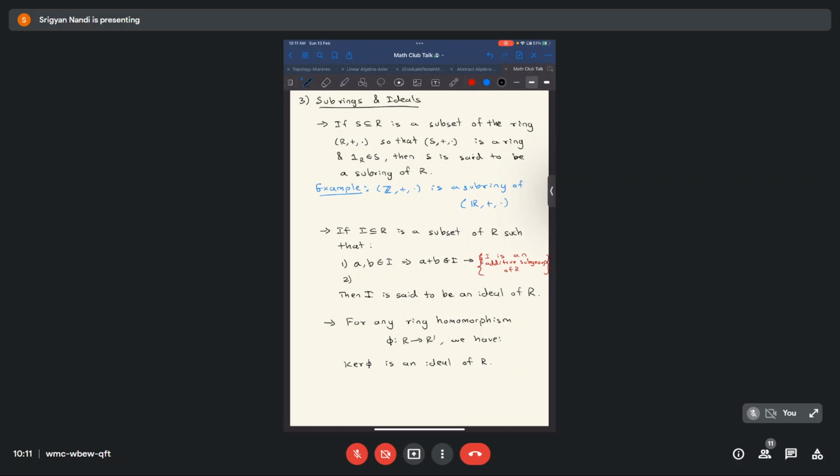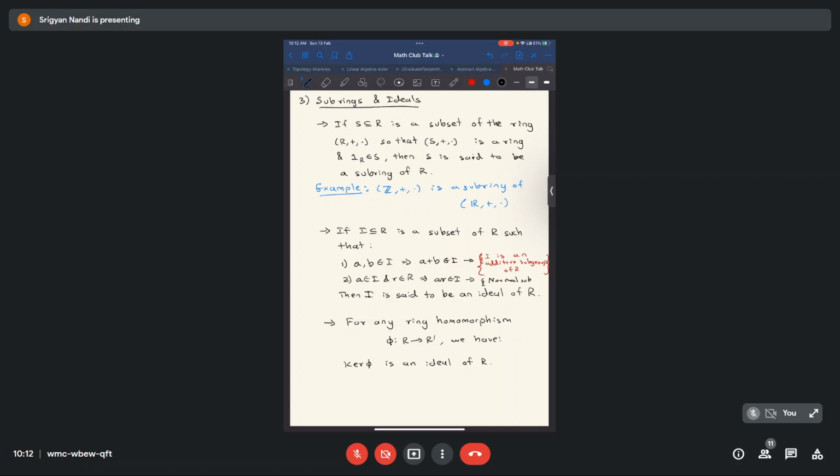And the second one is if A belongs to I and R belongs to R, that will mean AR belongs to I. This is a much less natural property, but if you are familiar with group theory, you can see its vague familiarity with normal subgroups. And that is the key reason why ideals are very important in the study of rings and modules.